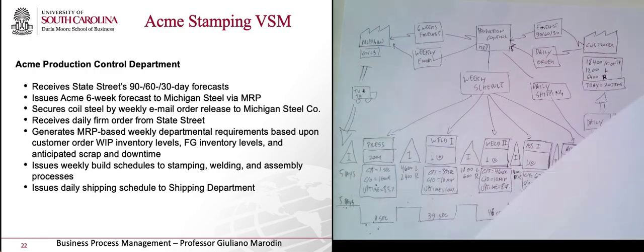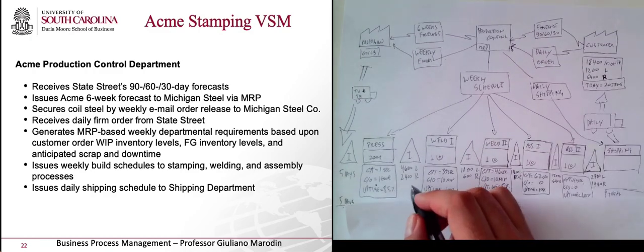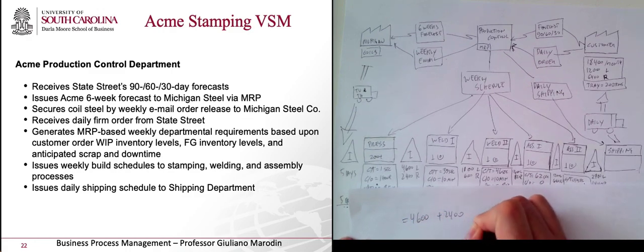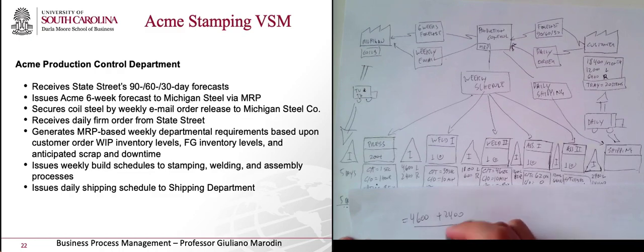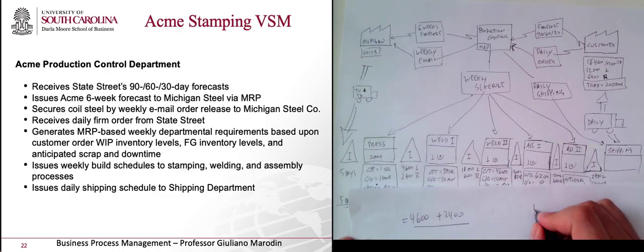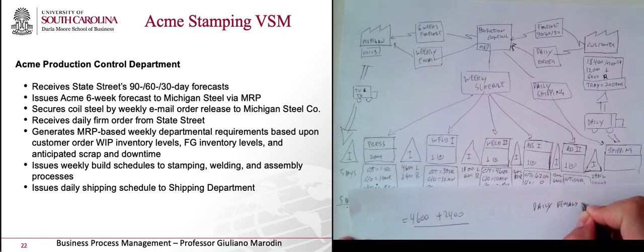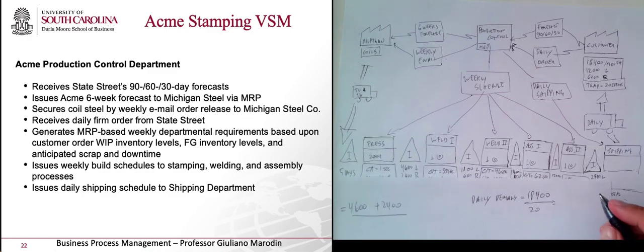So to calculate this inventory, it's going to be 4,600 plus 2,400 divided by the daily demand. The daily demand is going to be 18,400, which is the monthly demand, divided by 20, because we work 20 days in a month.